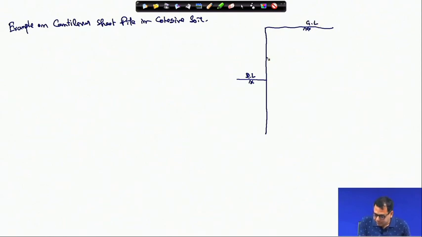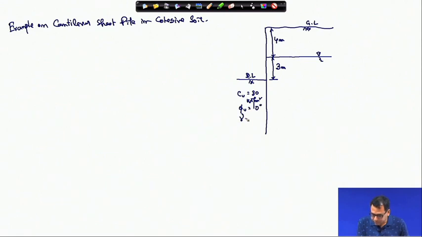And the water table is here, which is 4 meter below the ground level. This height is 3 meter. And the Cu here is 30 kilonewton per meter square, phi u is 0, and unit weight I am taking the same, 9 kilonewton per meter cube below the water table.